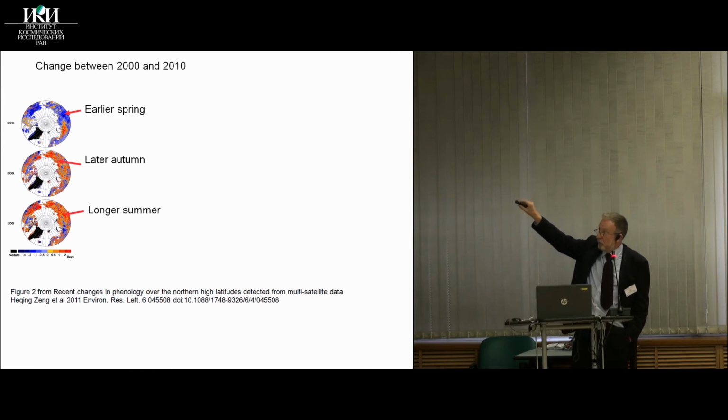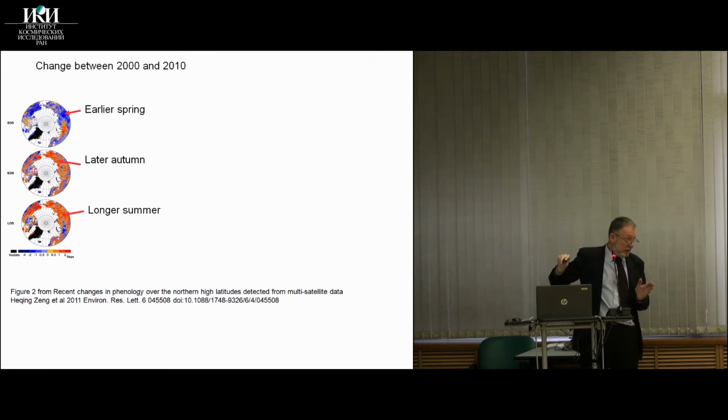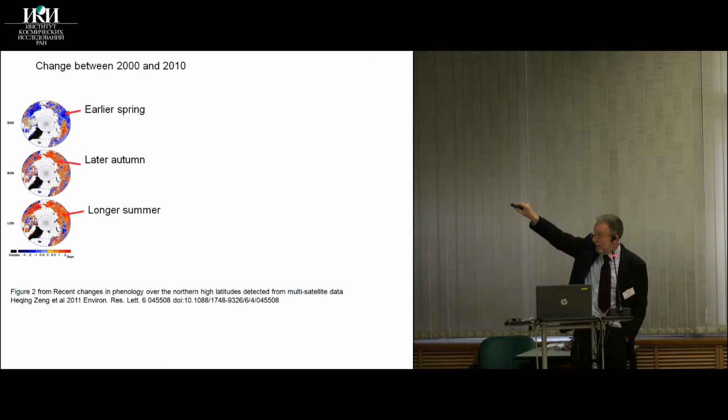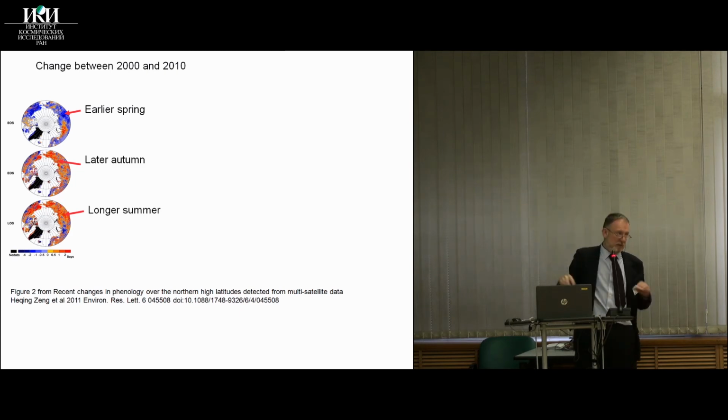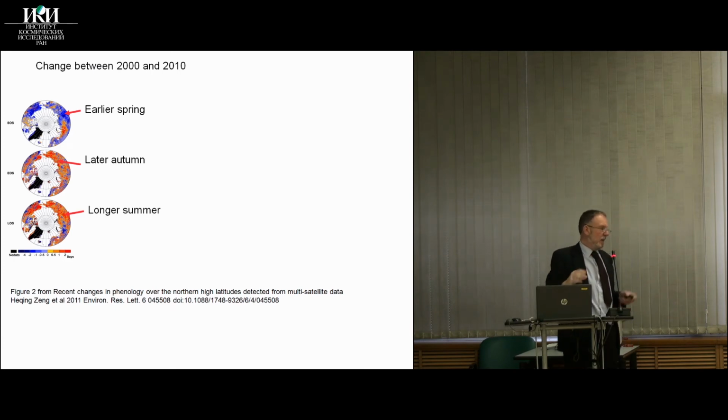Here are changes between 2000 and 2010 in the northern hemisphere. So this blue color here is showing us areas where spring became earlier. This red color here is showing us areas where autumn became later, and this red area here is showing us areas where summer became longer. The changes that we would expect to see as a consequence of climate change, in a simple way of thinking about it.